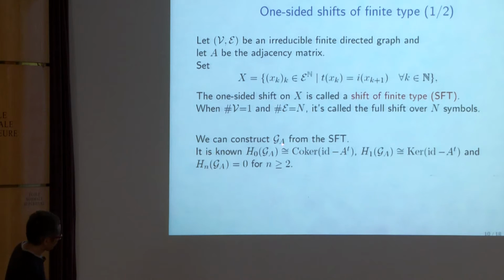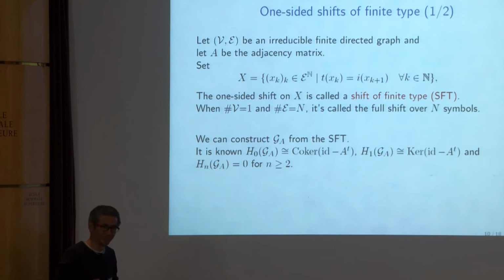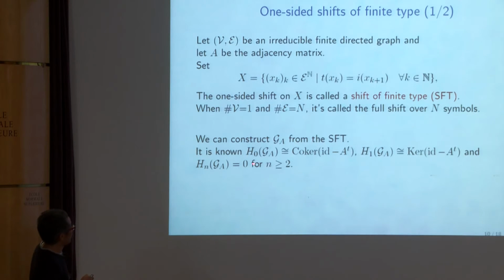And we can construct an étale groupoid in a natural way from the SFT. I won't tell you the precise construction, but there is a natural way to construct it. And its homology groups are already computed. H0 is the cokernel of this matrix acting on the free abelian group Z^n. And H1 is the kernel of this matrix.